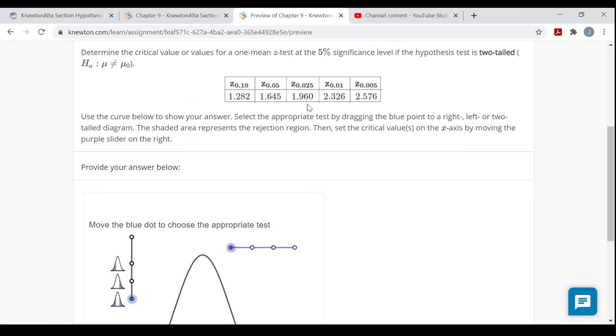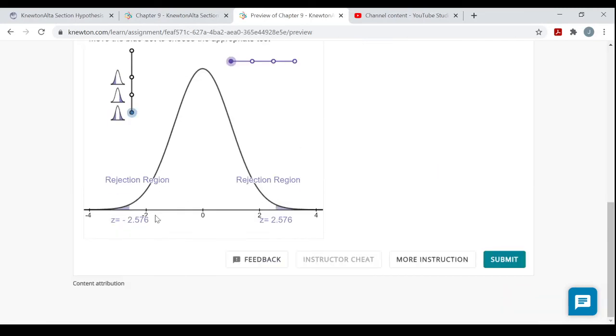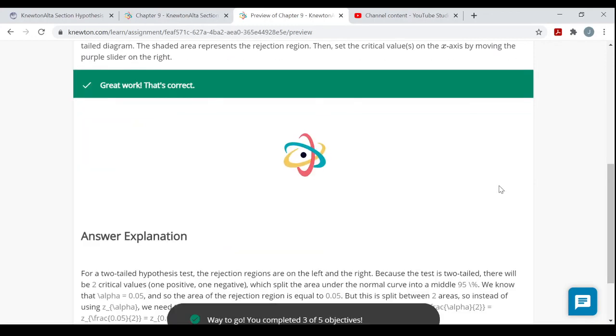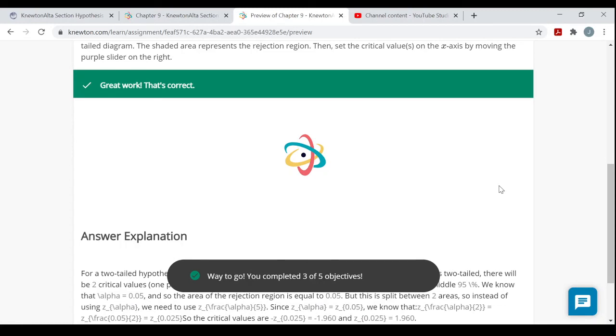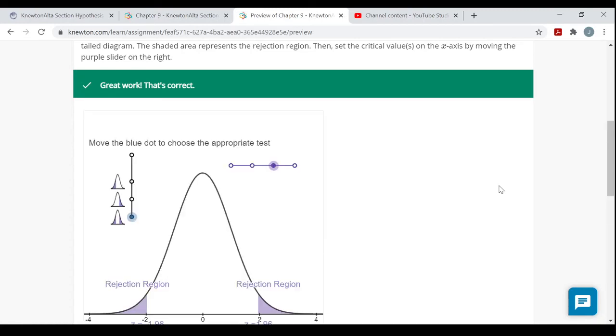We said 1.96 and negative 1.96, not 2.576 and negative. So this is too far away. That's still too far away, those two critical values. There we go. A z-score of 1.96 and negative 1.96. This purple area is 2.5%. This purple area on the left is 2.5%, making a total of alpha, a total of 5%, the significance level. And we have our two critical values. That's all we're asked to do here: move those dots around to draw the picture we need when we're talking about critical values and rejection regions.